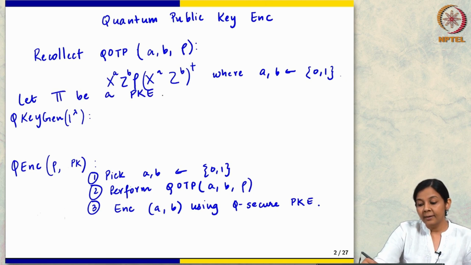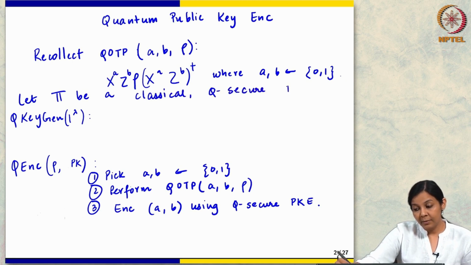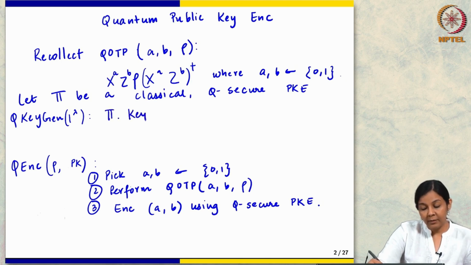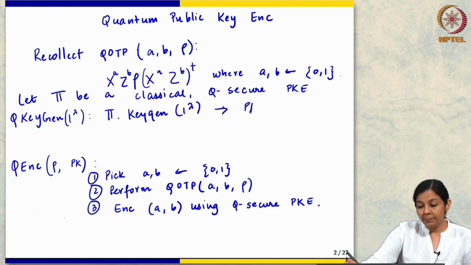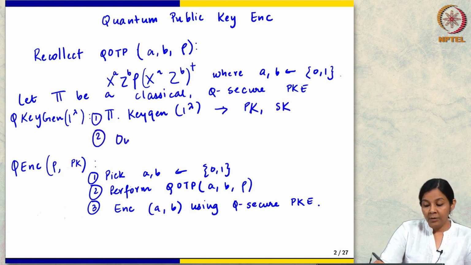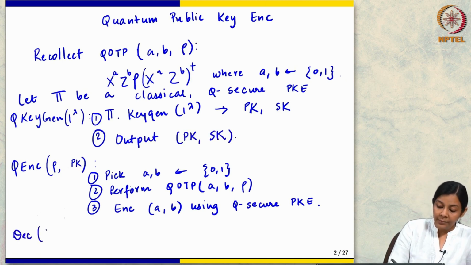So, if I let pi be a classical quantum secure PKE, then my keygen should just be pi dot keygen, and this will output some PK, SK, and I output the same PK, SK. And now how do I decrypt?